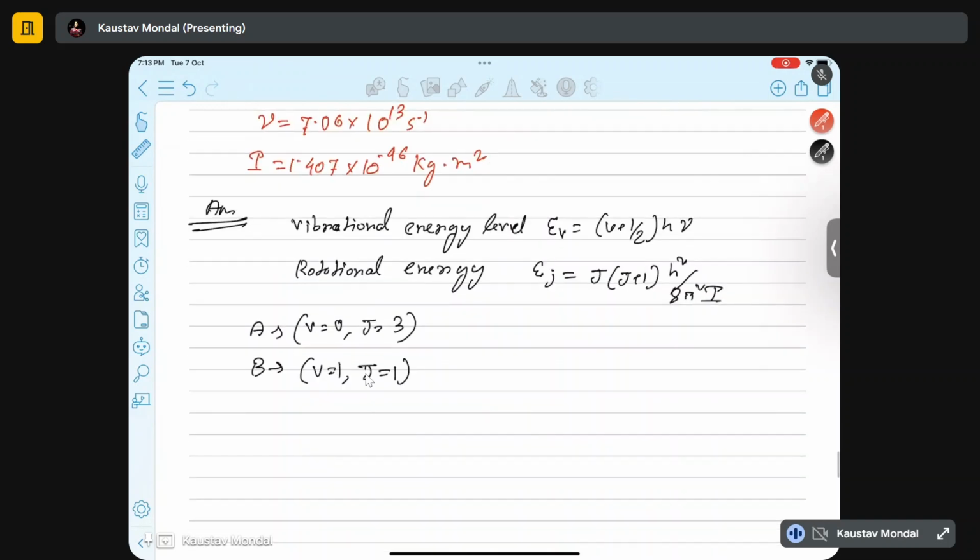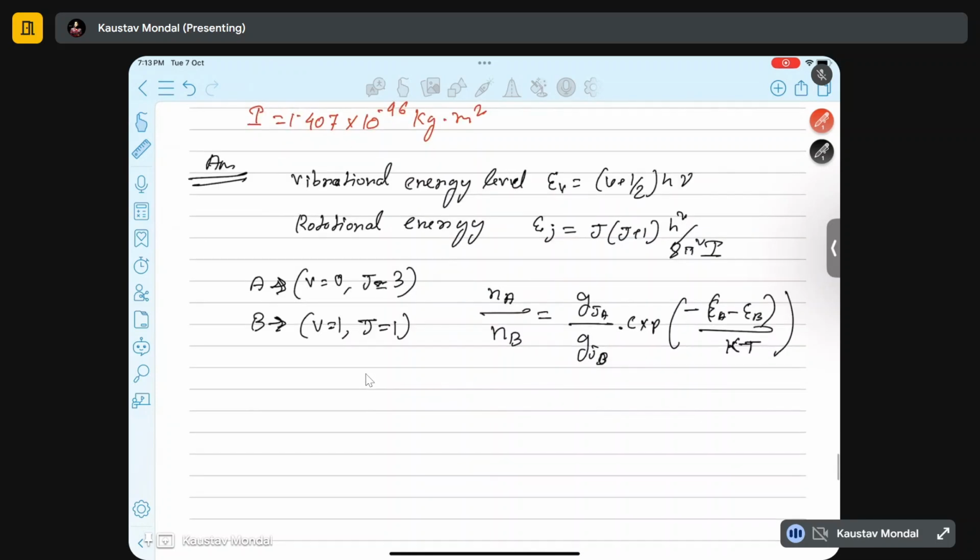So Na is the number of molecules in state A, Nb is the number of molecules in state B. Na by Nb is equal to g_A by g_B, the degeneracy of these two levels, times exponential of minus (E_A minus E_B) by kT, right? This would basically be the population.